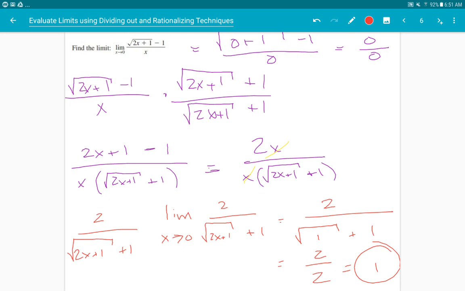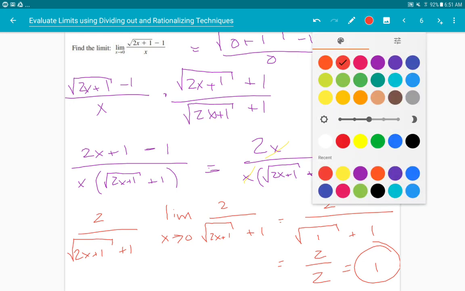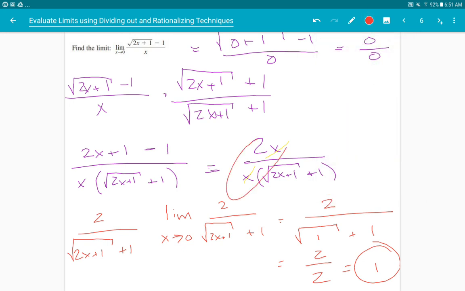All right, so again, the two methods that we have here are dividing out and rationalizing. When we're rationalizing, again, multiply by the conjugate of the radical expression that's provided. The radical should move to the denominator. You are going to have a case where you have to simplify a variable. You simplify the variable, and then you algebraically use direct substitution.